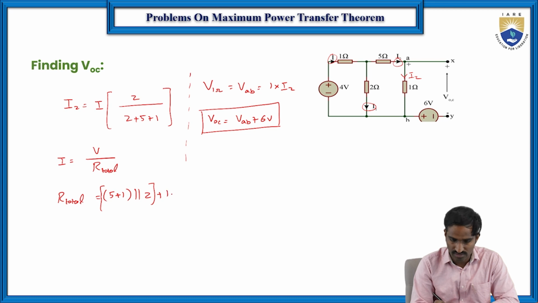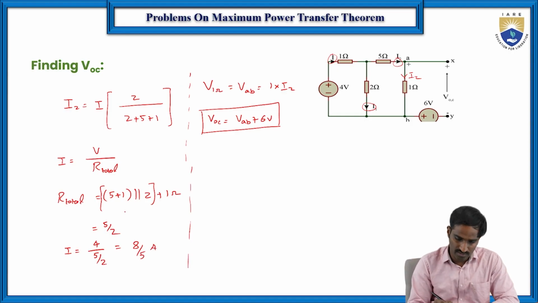If you substitute all these values, then the R total value is 5 by 2. Then I is equal to V by R, V is 4 volts, so 4 by 5 by 2, which is equal to 8 by 5 amperes, right?